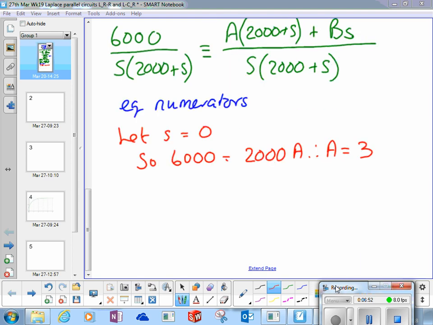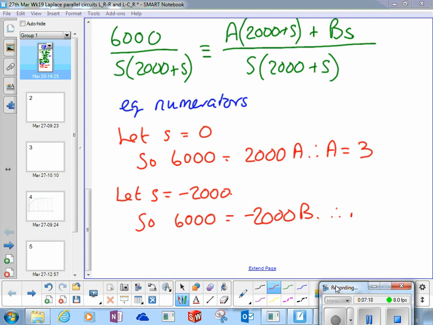Next, we let S equal minus 2000, and B equals minus 3.